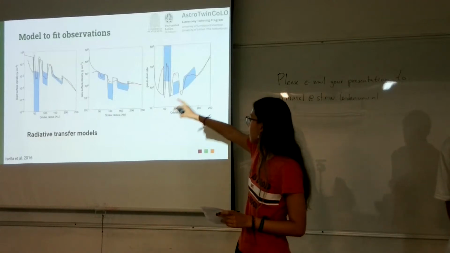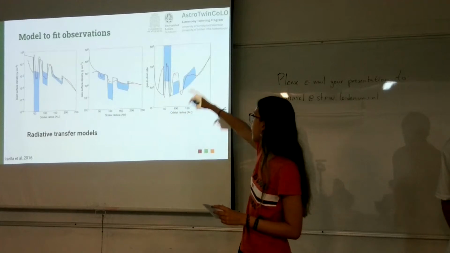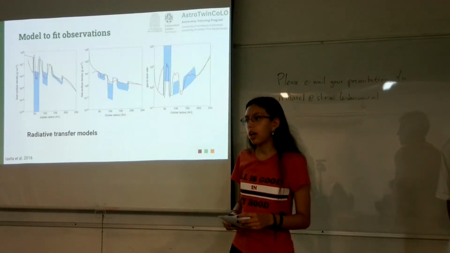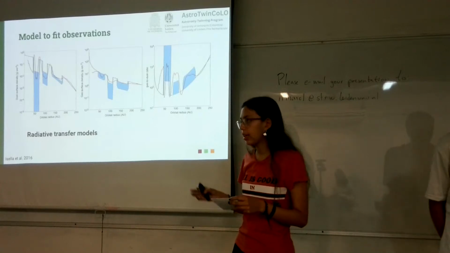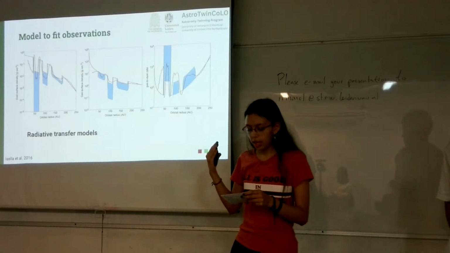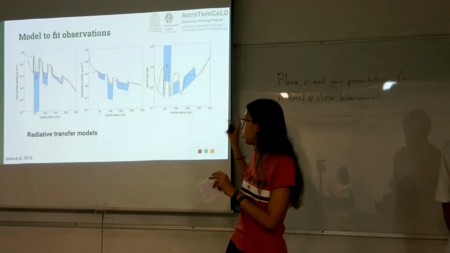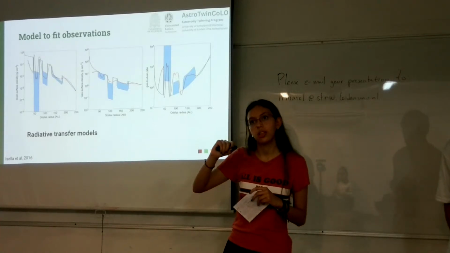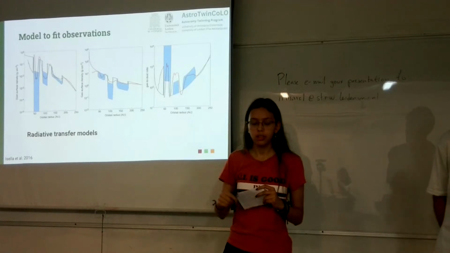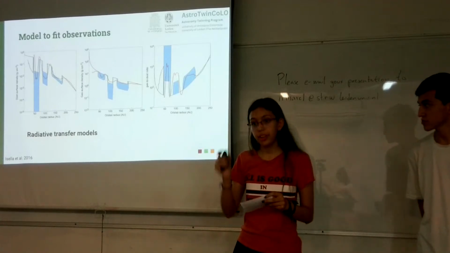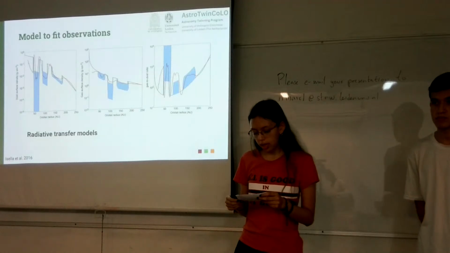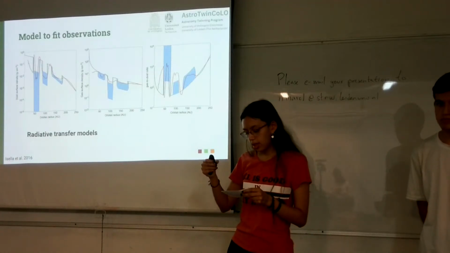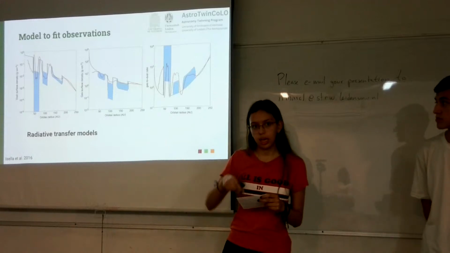So the model is the red line on the plots, and they described the model with three parameters: the distance between the gap and the star, the width of the gap, and the ratio between the surface density inside and outside the gap.